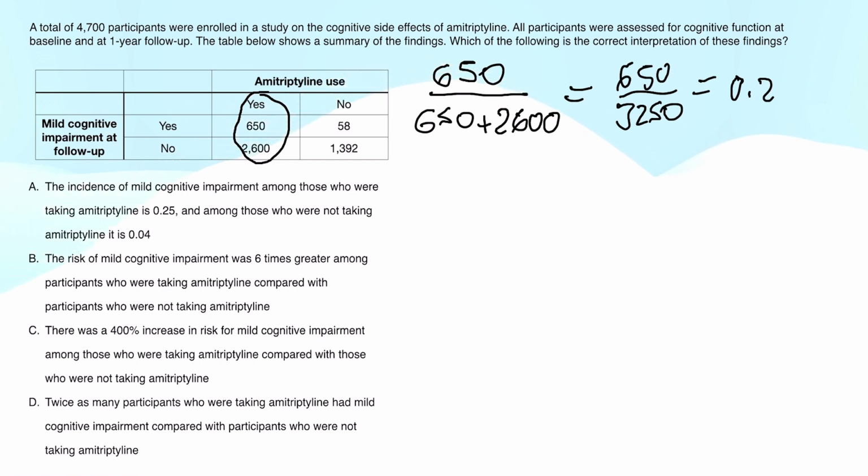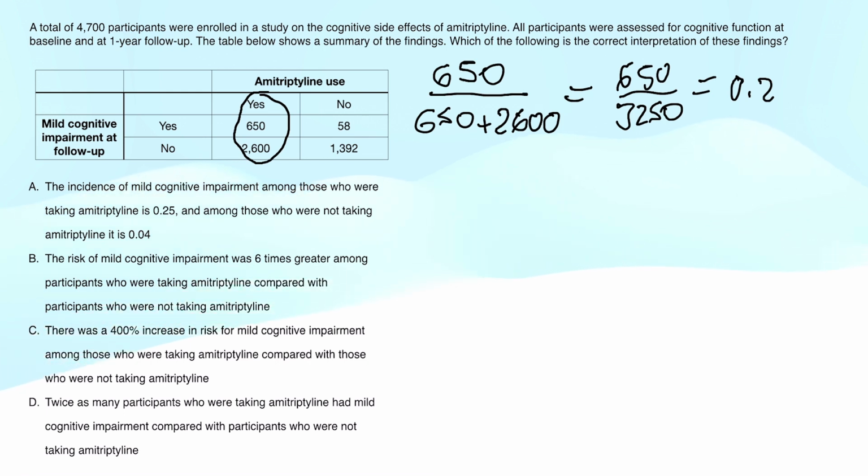So the risk of mild cognitive impairment was 6 times greater among participants who were taking amitriptyline compared with participants who are not taking amitriptyline. So this is basically another way of saying that the relative risk is 6. Now again, as I told you, this is a cohort study, so it's no surprise that we've already calculated the incidence and now we're required to calculate the relative risk. So now I have to calculate the incidence in the other patient group who did not use amitriptyline.